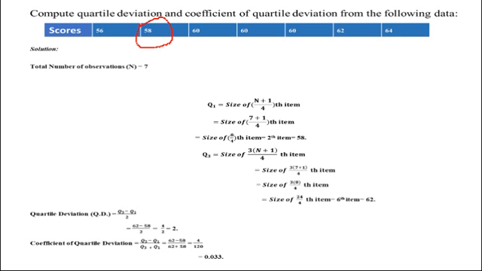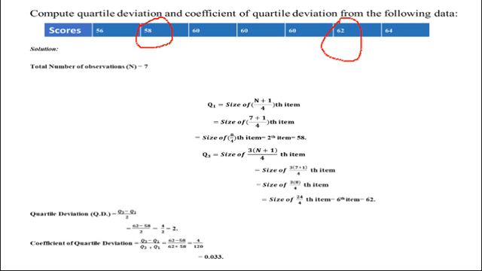By dividing 24 by 4, we get the 6th item. In our distribution, the 6th item is 62. It is our upper quartile.